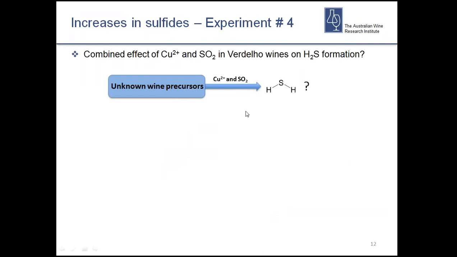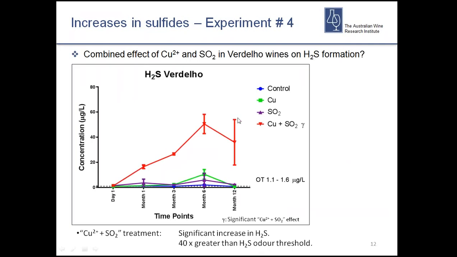So when we treated our samples with a combination of copper and SO2, and we measured our hydrogen sulfide, we saw dramatic increases in the hydrogen sulfide concentration. In this graph, we have our control samples shown in blue, and our copper-treated samples shown in green. Then we have our SO2-treated samples shown in purple, and the combined treatment of copper and SO2 shown in red.